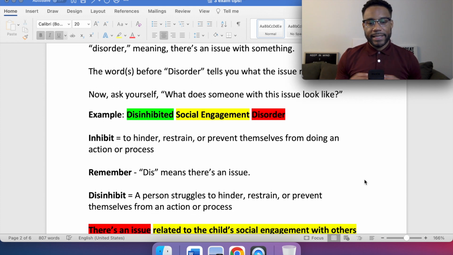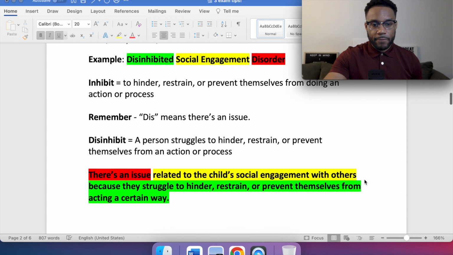So with disinhibit, a person struggles to hinder, restrain, or prevent themselves from an action or process. And that's important, because being able to say no to ourselves from doing something can be very important.